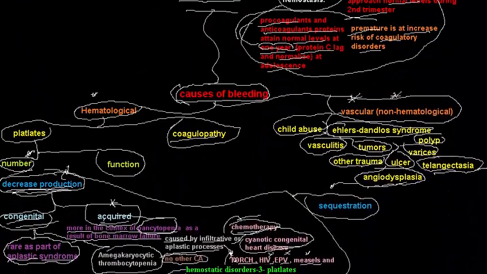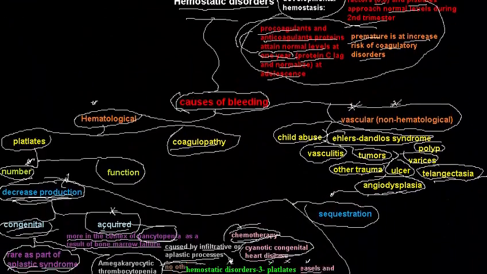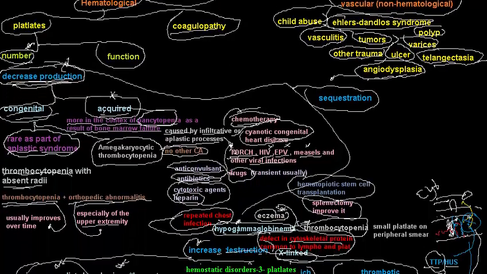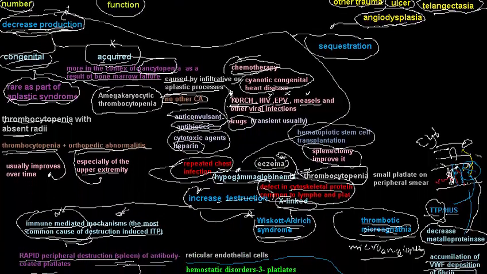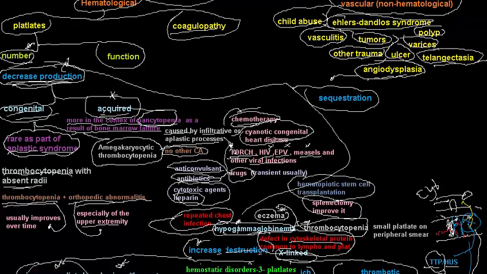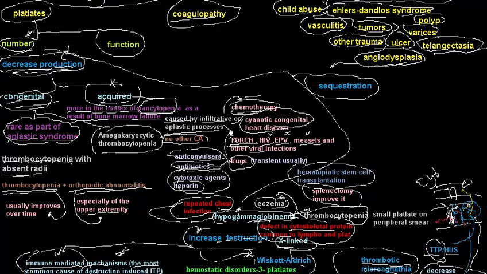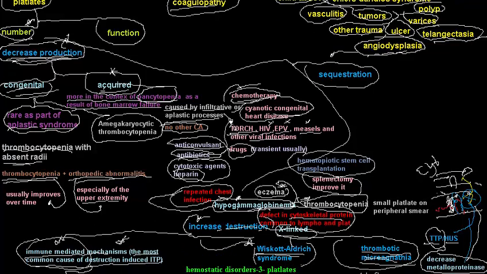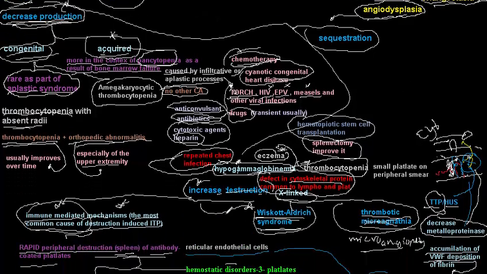By this I end the talk about the platelet number disorders, the thrombocytopenia. Remember always, when somebody asks you what things can lead to platelet number decrease, you have to remember that there are three groups: the decreased production, the increased destruction, or the sequestration.